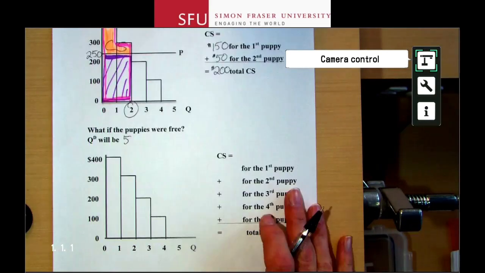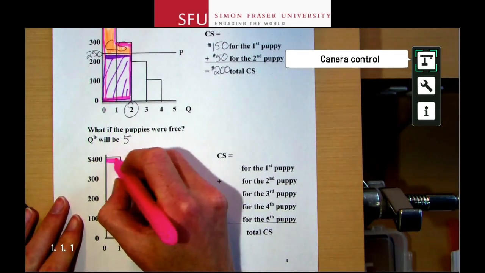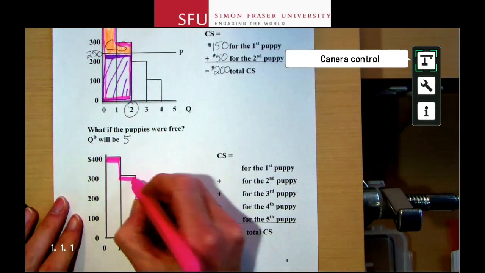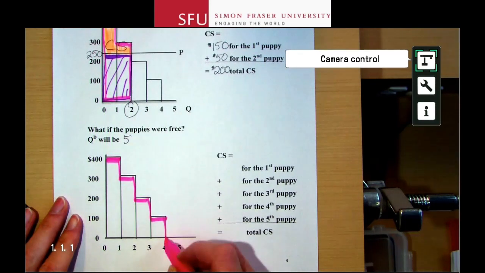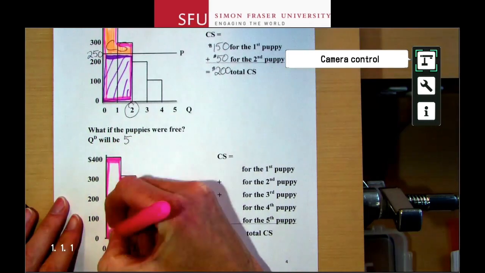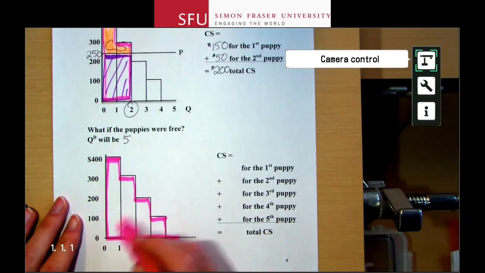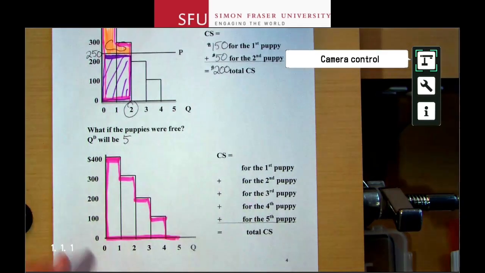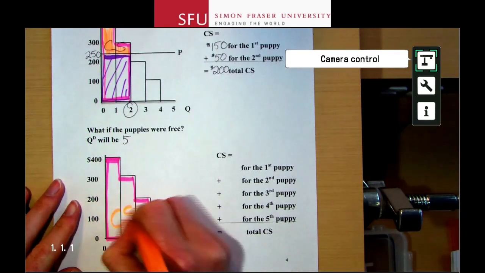Now, in that case, there's no cost. So the benefit is measured as the willingness to pay, and there's no cost to subtract. So that means that the consumer surplus is the whole thing. There's no price. Okay, so all of this will be consumer surplus.